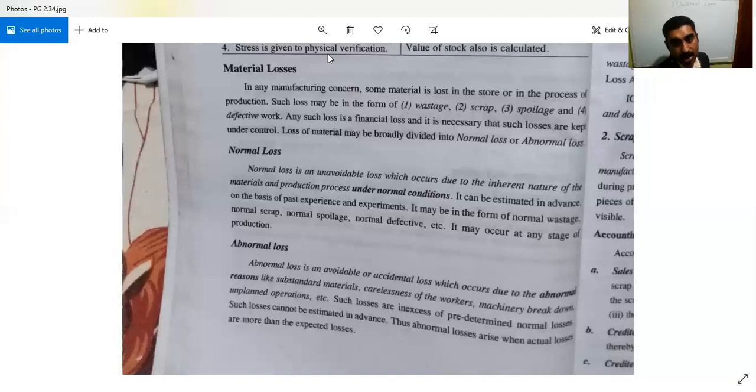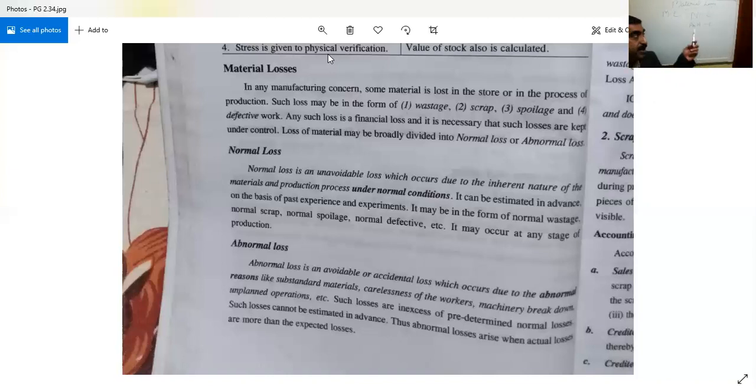So thus abnormal losses arise when actual losses are more than the expected losses. So therefore material losses are mainly of two types, normal loss and abnormal loss. So normal loss ഉം abnormal loss ഉം. അപ്പോൾ ഈ material losses ഏത് കേസ് കൊണ്ടാണ് ഉണ്ടാകുന്നത്? Maybe due to the wastage of the material, scrap of the material, spoilage of the material, as well as the defective work that is to be done by each and every worker.